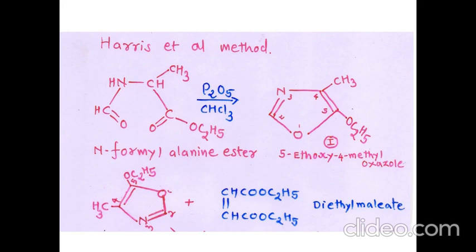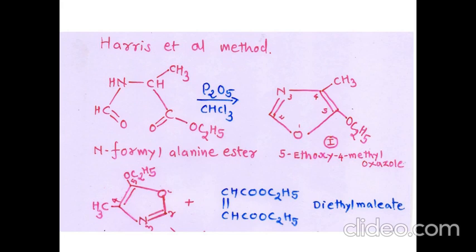Oxygen gets position 1, carbon 2, nitrogen 3, the carbon with the methyl is 4, and the carbon with the OC2H5 is 5. Therefore, 5-ethoxy 4-methyl oxazole. This is my intermediate number 1, which I have taken at the bottom. In the last line, the bottom red structure is nothing but intermediate number 1, which we have already synthesized here, and the blue color is diethyl maleate, friends.